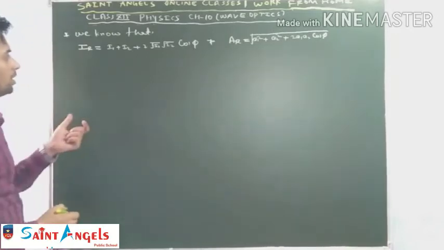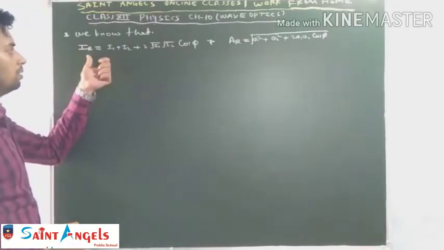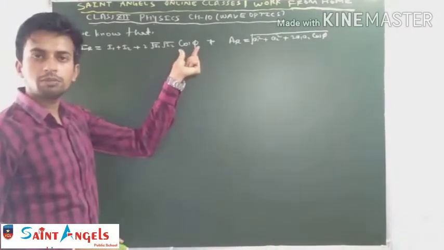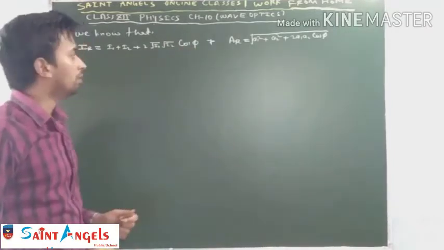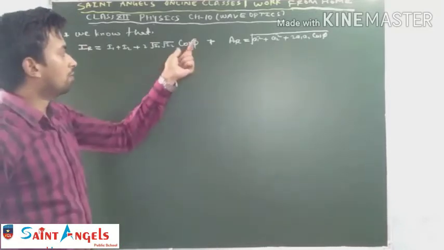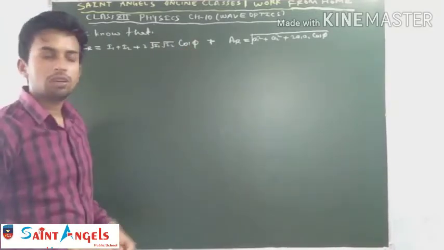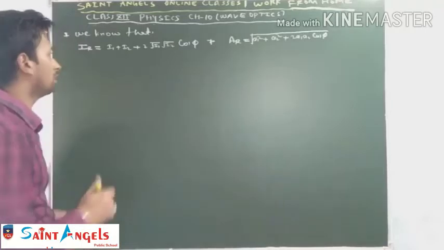Student, it is clear that intensity is maximum when cos phi is maximum and intensity is minimum when cos phi is minimum. And we know that the maximum value of cos theta or cos phi is 1.